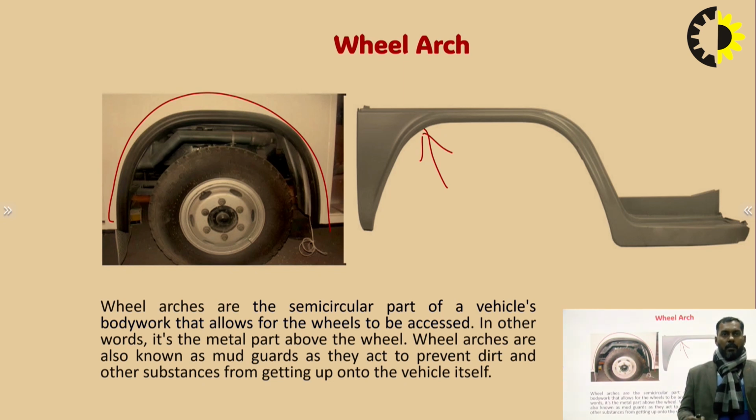It makes the bus and the passengers safe while riding and getting down from the vehicle. So it is the lowest part of the body, not the structure, of the bus.